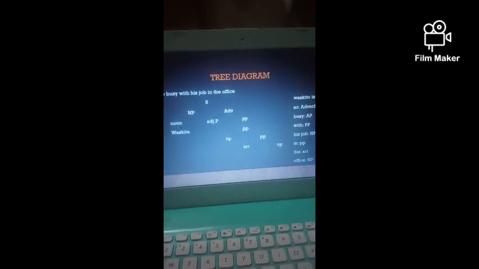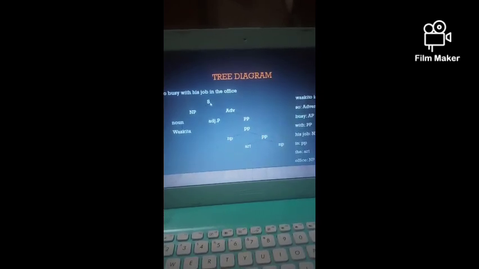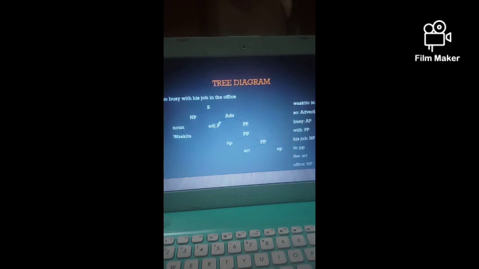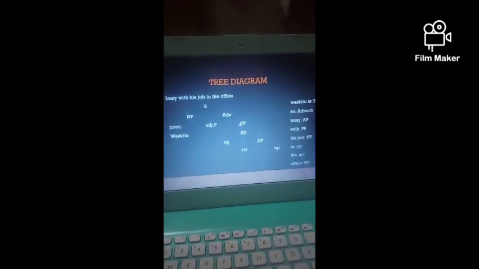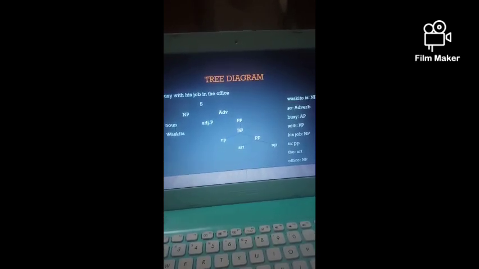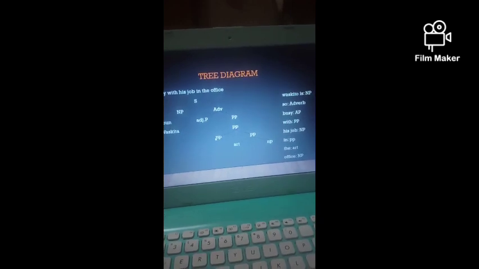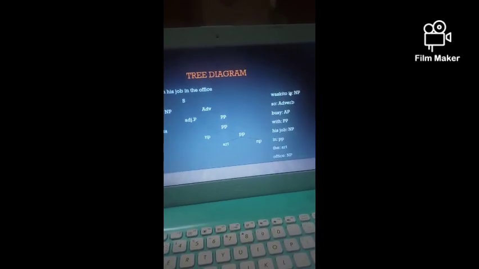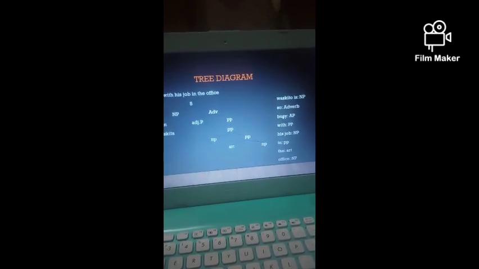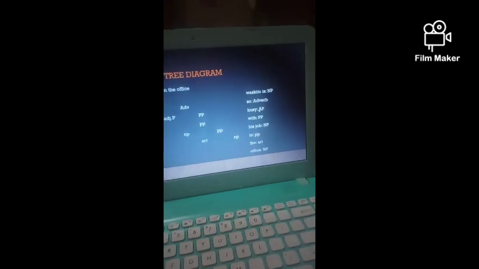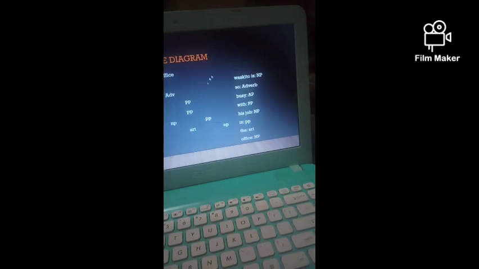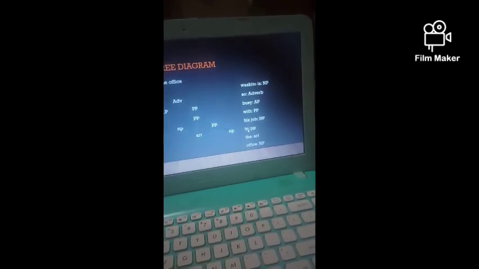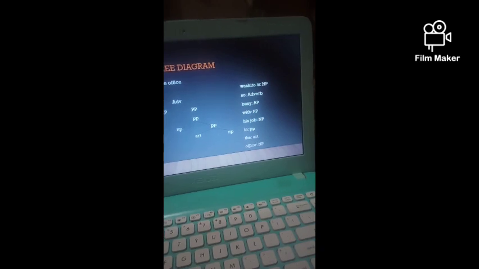Waskito is a noun phrase, so, busy is an adverb, with is a preposition phrase, his job is a noun phrase, in is a preposition phrase, the is an article, office is a noun phrase.